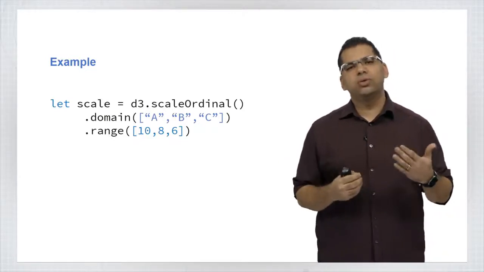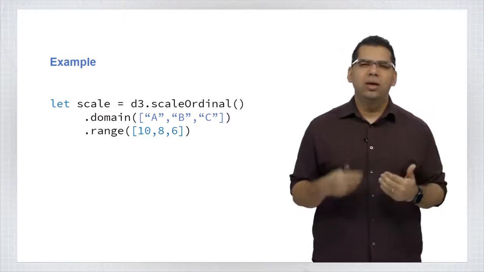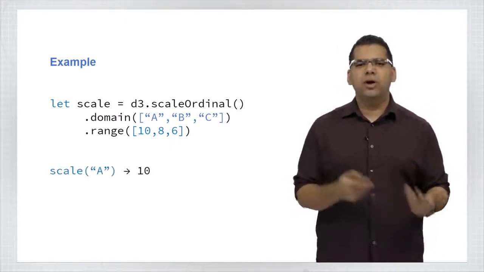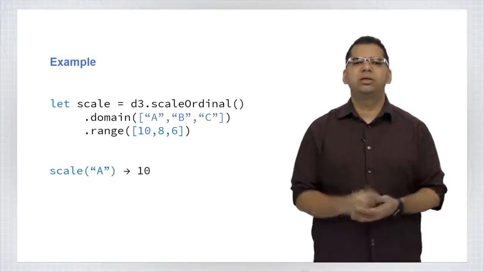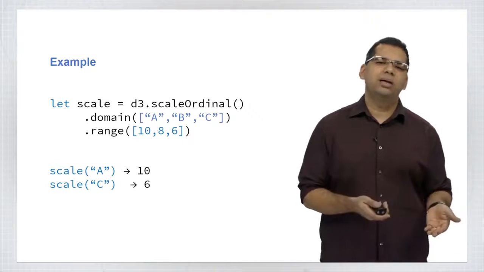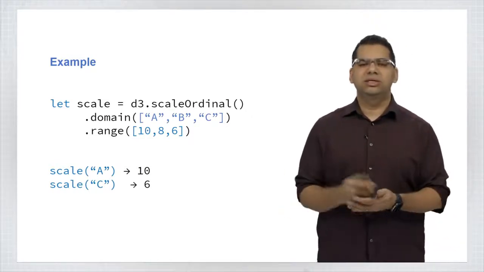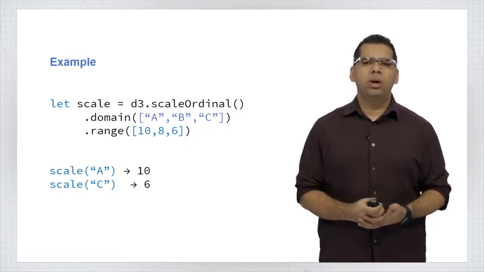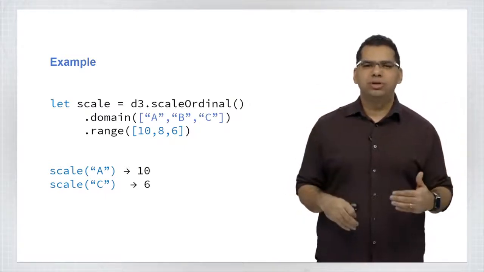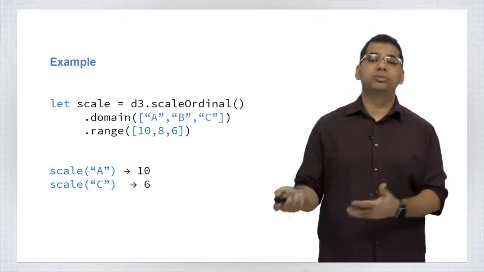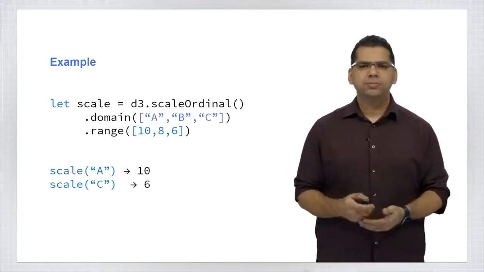So we are mapping A to 10, B to 8, and C to 6. Later, if I call my scale and pass the letter A as parameter, I'm going to get 10. The same thing happens if I pass the letter C, I'm going to get 6. You can add as many items as you need in your list, but you always have this one-to-one map between what you put in the domain and what you get as output of your scale.